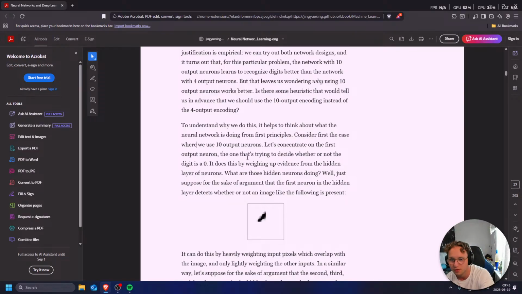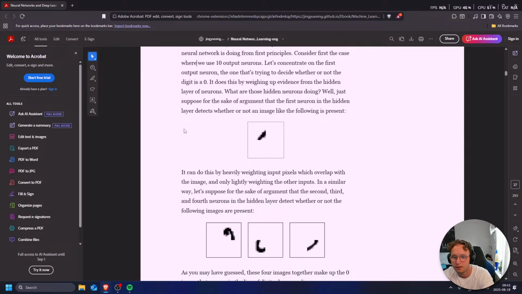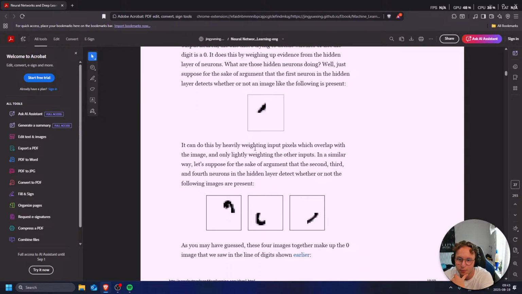Well, just suppose for the sake of argument that the first neuron in the hidden layer detects whether or not an image like the following is present. It can do this by heavily weighting input pixels which overlap with the image, and only slightly weighting the other inputs.